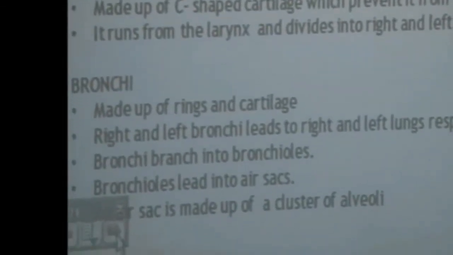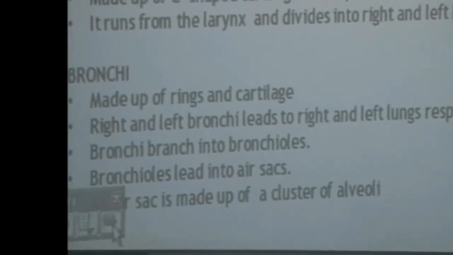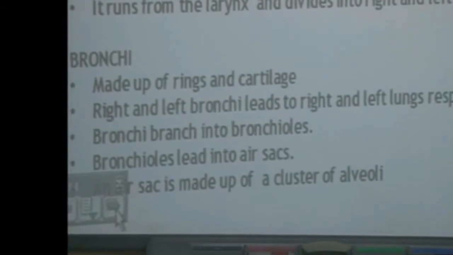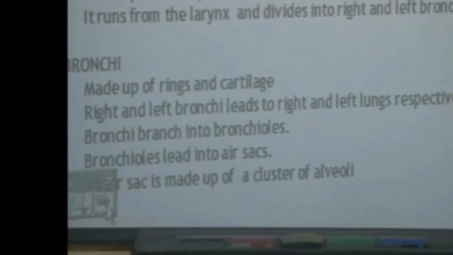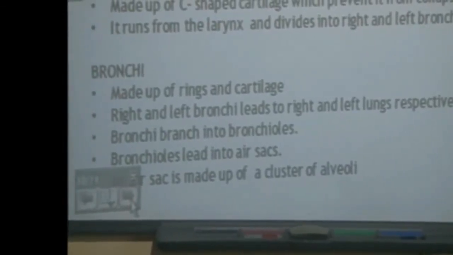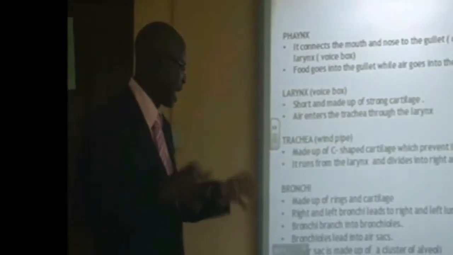Now let's go to the bronchi. The bronchi itself is made up of rings and cartilage. The right and left bronchi lead into the right and left lungs respectively. The bronchi branch into bronchioles, smaller bronchioles. They are tinier, they are very tiny. They are not as large as bronchi.